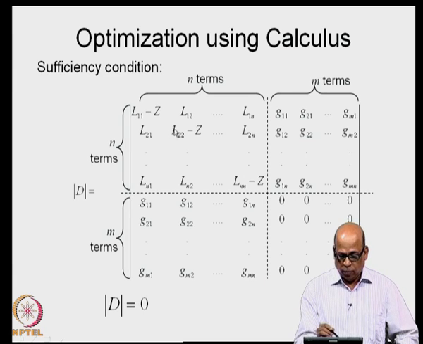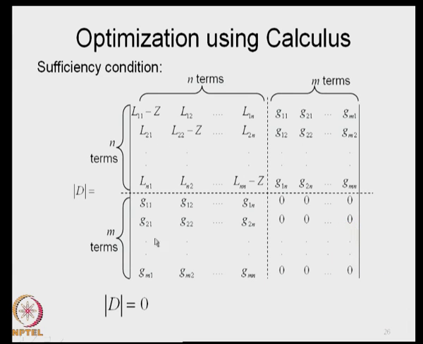So, this is how we formulated three parts of this determinant. There are remaining m by m terms here. This will be m and this is m. So, m by m terms, all of them you put as 0. So, this is how we formulate the determinant D and set the determinant D equal to 0. The unknown is z here.